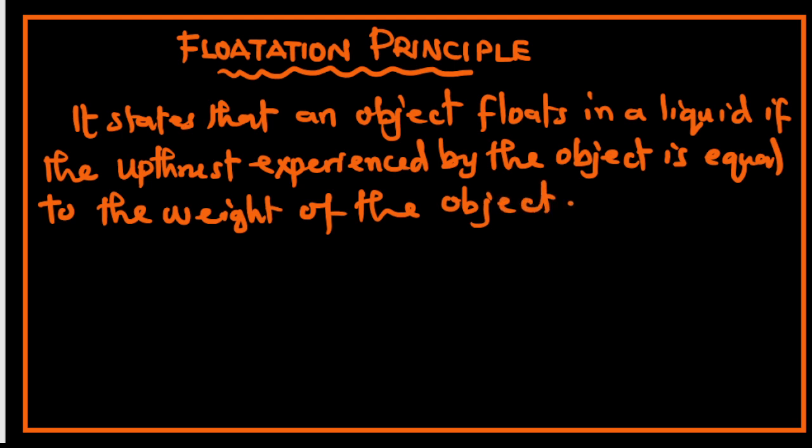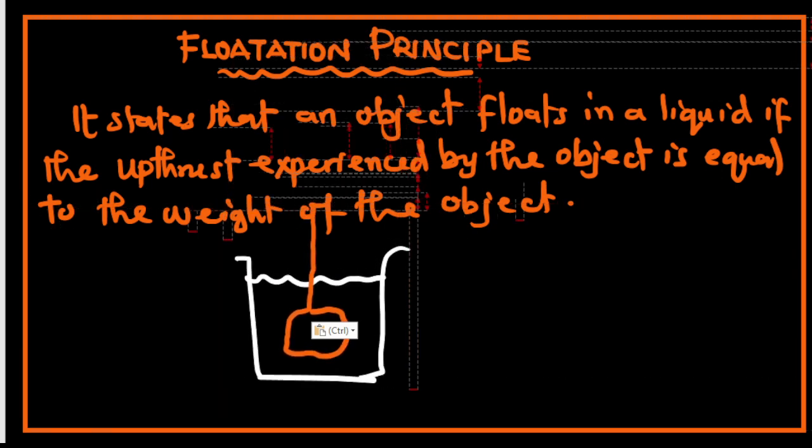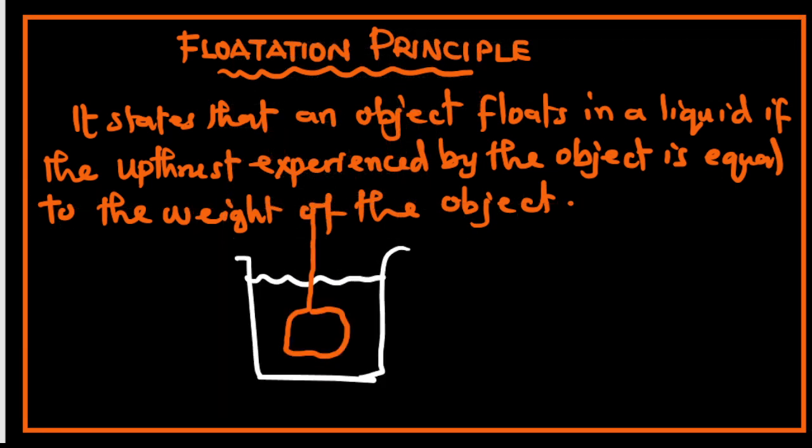Okay, now let's use the same diagram here. When we are talking about flotation principle, we really make use of suspensions. The object has to be there on its own accord. Now see this. This is an object floating on a liquid.